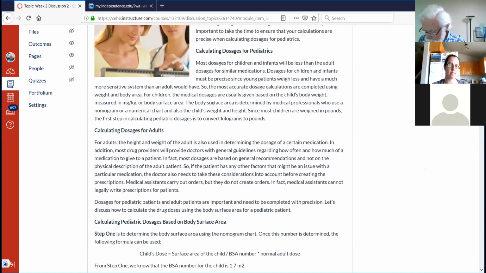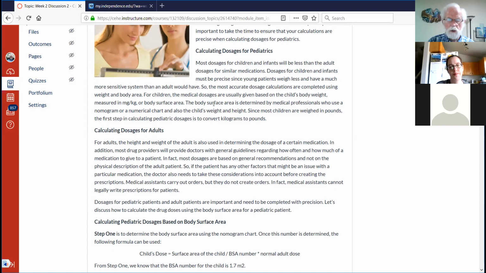There are many drugs, not by any means a majority of drugs, but many drugs that we dose based on the weight of the patient. When we are doing that, it is invariably based on the weight in kilograms.